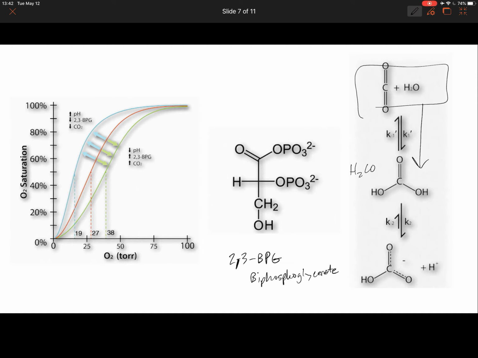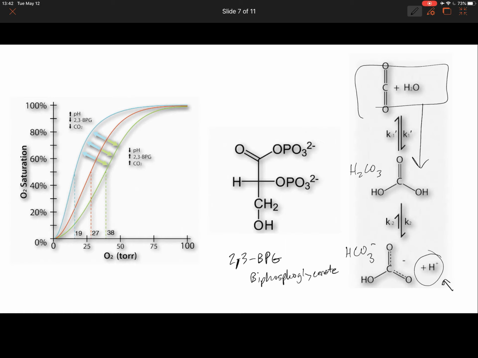Carbonic acid actually exists in equilibrium with bicarbonate, HCO3 minus. When this happens, we see that hydrogen ions are released. So these are all tied together: increases in carbon dioxide lead to increases in hydrogen ion.